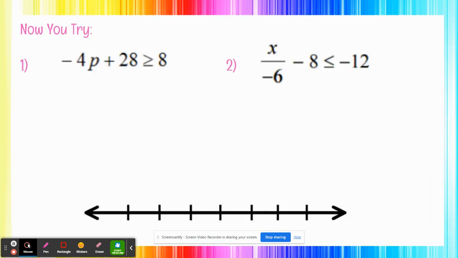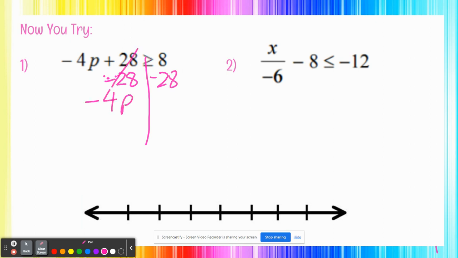Now let's talk about some two-step inequalities. We're first going to subtract 28 on both sides. It's a zero pair, bring down negative 4p, bring down our inequality sign, and 8 minus 28 is negative 20.